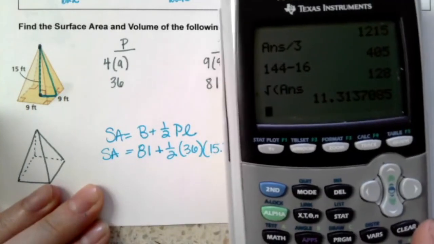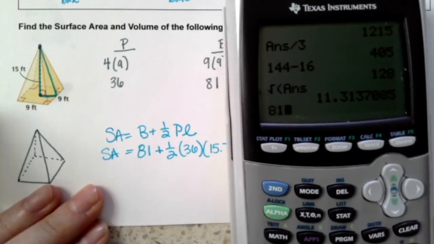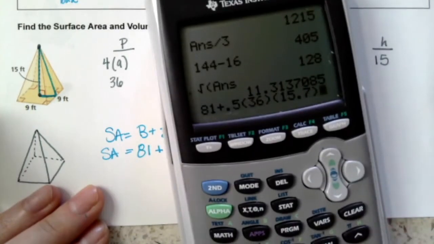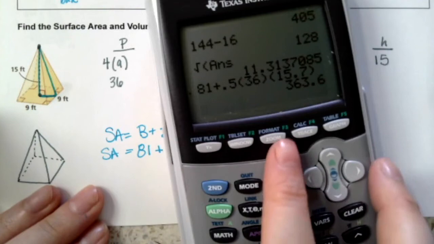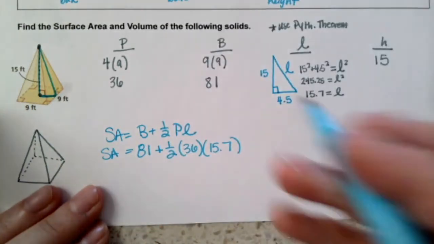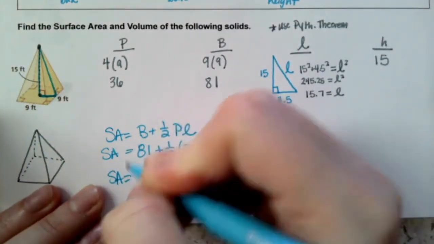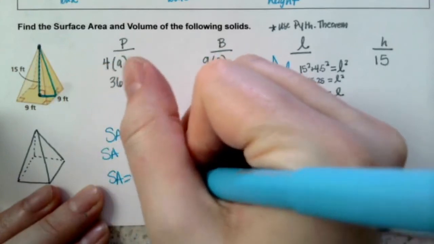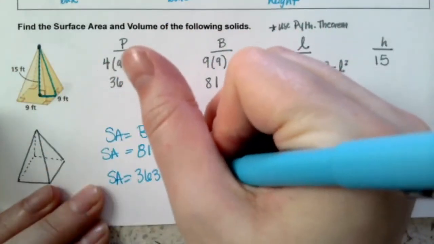I find that the easiest. So I'll do 81 plus 0.5, parentheses 36, parentheses 15.7. And you get 363.6. And this is in feet squared.